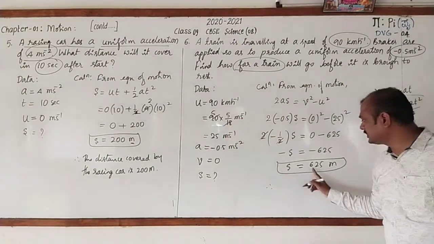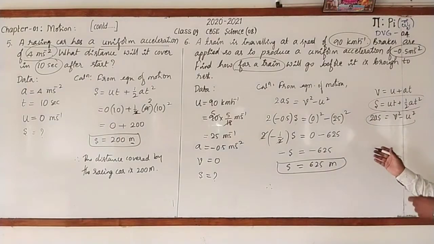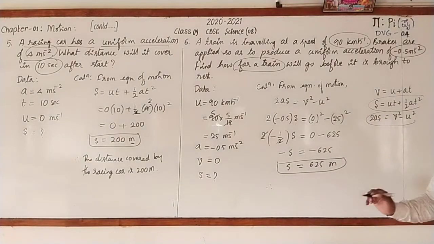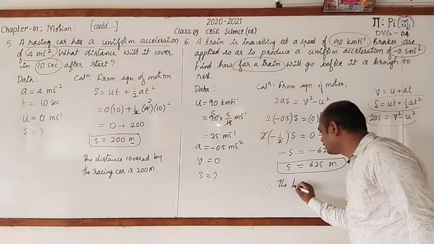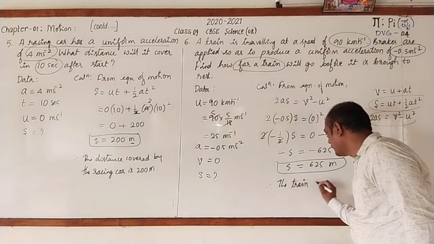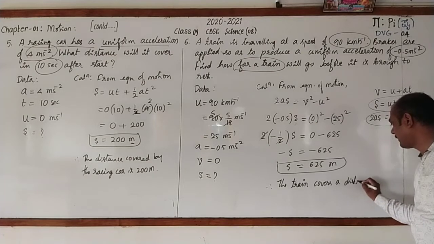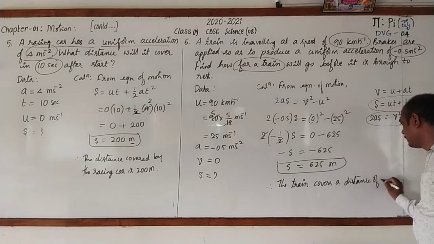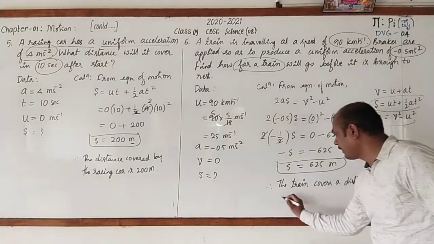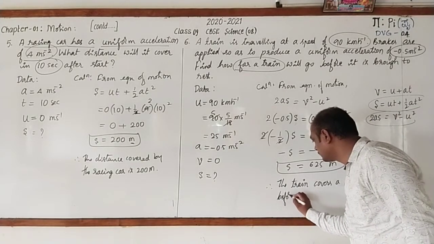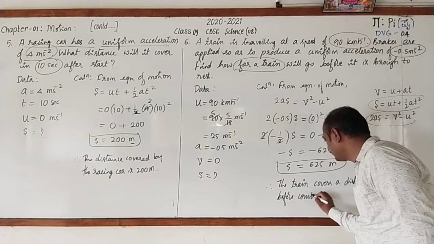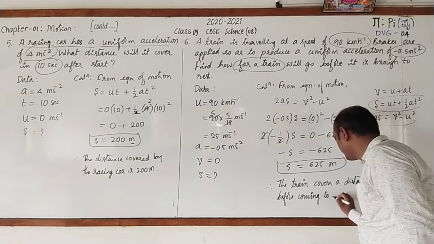So the train covers a distance of 625 meter before coming to rest.